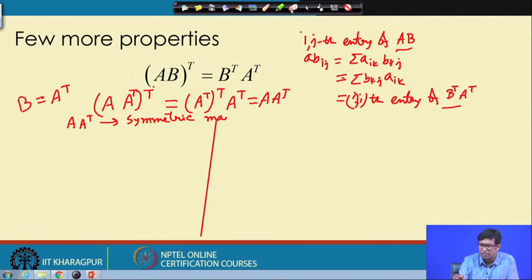This is an example of how different properties of a matrix can be utilized to check whether a matrix is symmetric or has certain other properties.